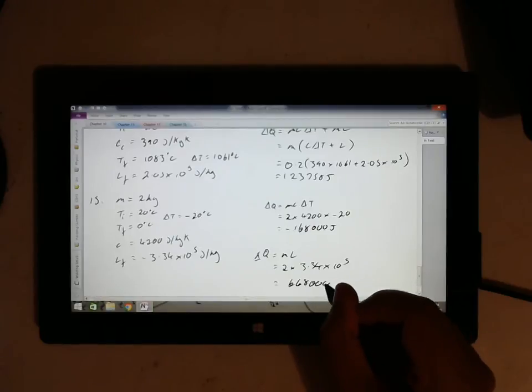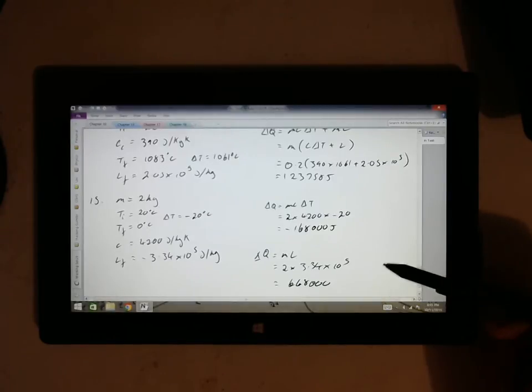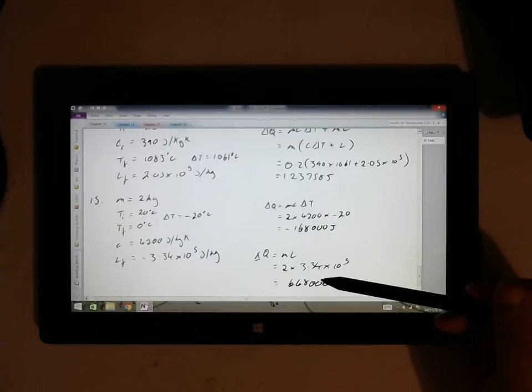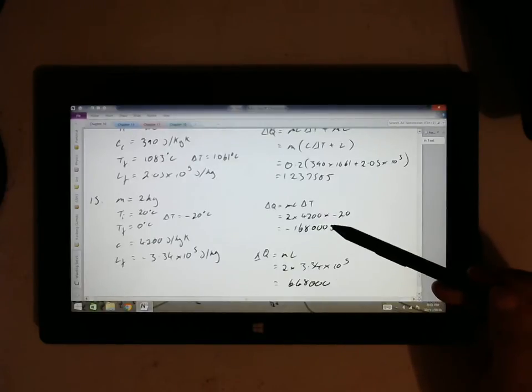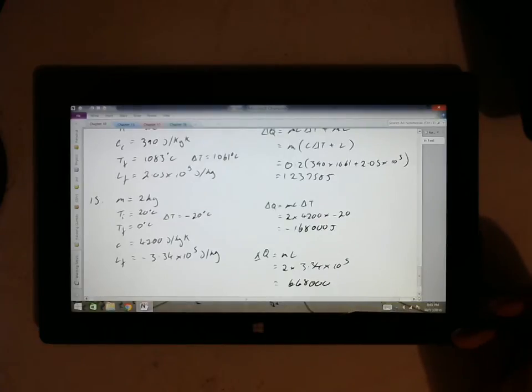Now, the number is right, the size of it is right, but the direction of it is wrong. If you just chuck it in like this, you have to realize that this is a negative. We're freezing it, we're taking this energy out. Because if you added this plus this, you'd get an answer of positive 500,000.